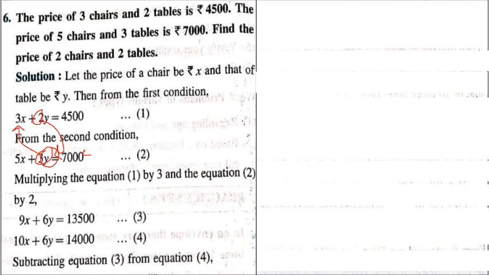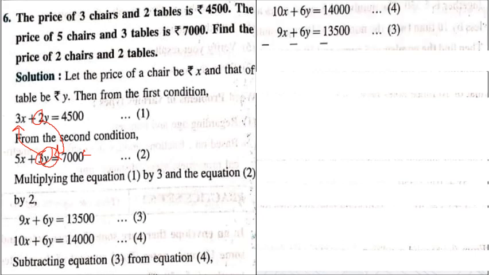Subtracting equation 3 from equation 4, because equation 3 has the lesser value. So 10x plus 6y is equal to 14,000, minus 9x plus 6y is equal to 13,500. Equation 4, equation 3.